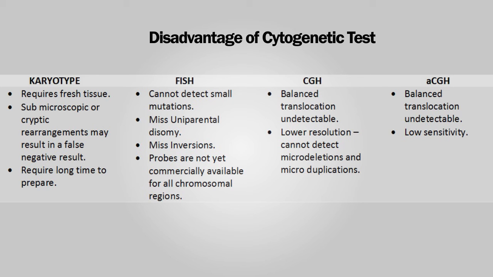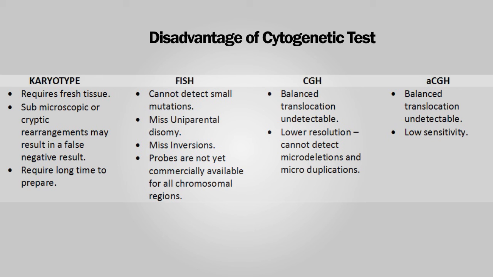Disadvantages of cytogenetic tests. Karyotyping requires fresh tissue. Some microscopic or cryptic rearrangements may result in a false negative result, and it requires a long time to prepare. FISH cannot detect small mutations, uniparental disomy, or inversions.